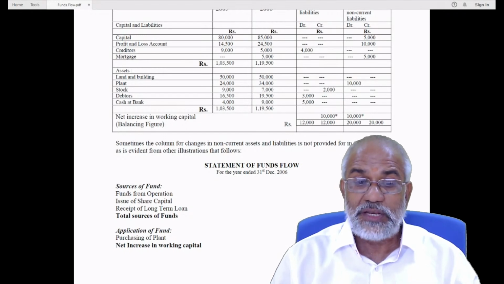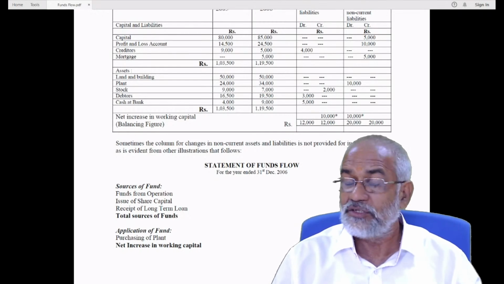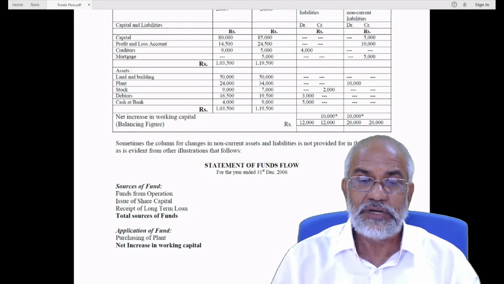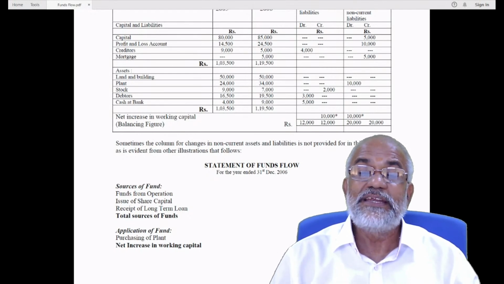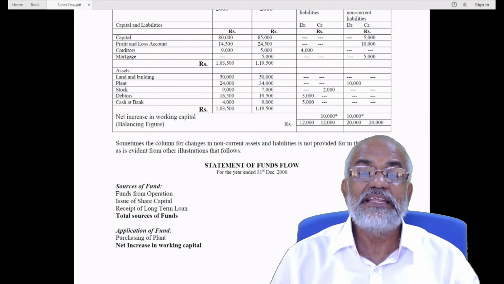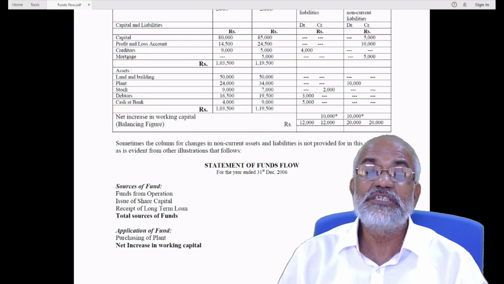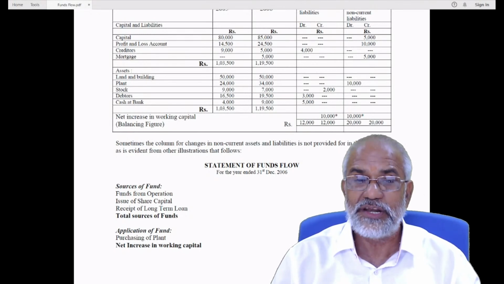So the actual purchase of plant and machinery has to be considered as 12,400, not 10,000 as calculated earlier. So the application of funds would be 12,400 on account of purchase of plant and machinery, and the net increase in working capital would be 10,000. So the total application of funds would be 22,400.